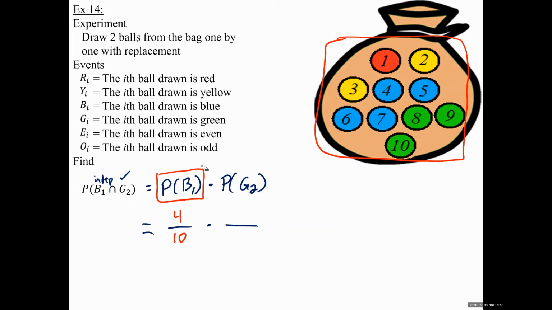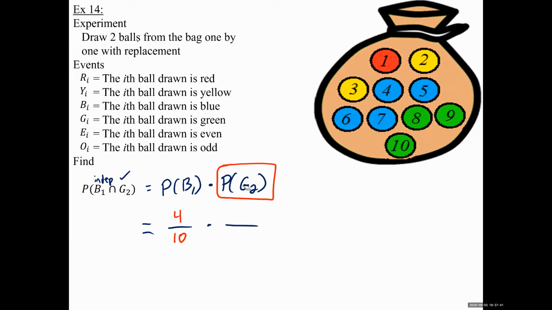All right. Then to get this probability, you have to ask yourself how the bag changes. We're about to draw the second time. So when you see a 2 here, think we're about to do the second draw. So what has already happened? We've already drawn the first one. We looked at it. We put it back. We mix them up, and we're about to draw the second time.